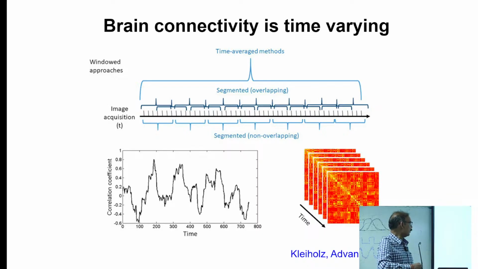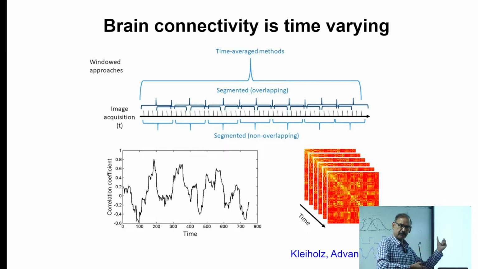The other one would be you start from 1 to 50, but then you can move it by 3 or even 1. Then it would be 1 to 51, 2 to 52, 3 to 53, all the way to 500. So in that case, how many windows would you get? Much more, right? You would get something like 450, right?